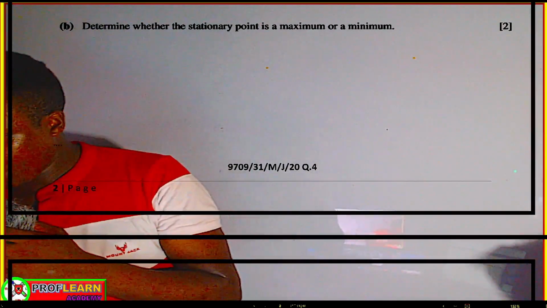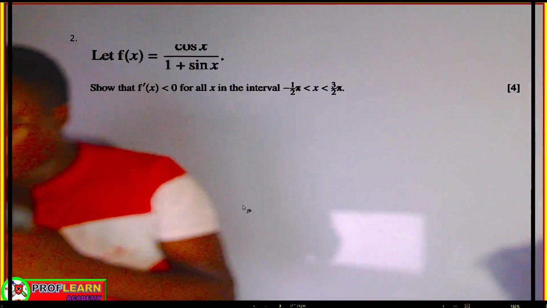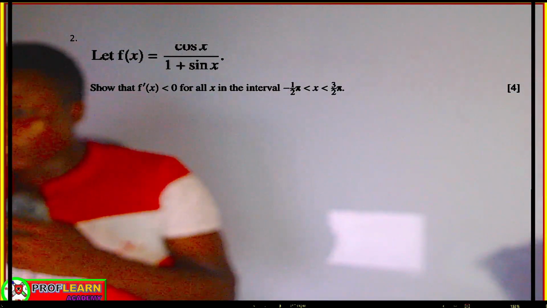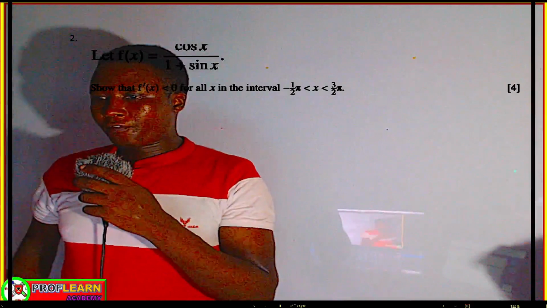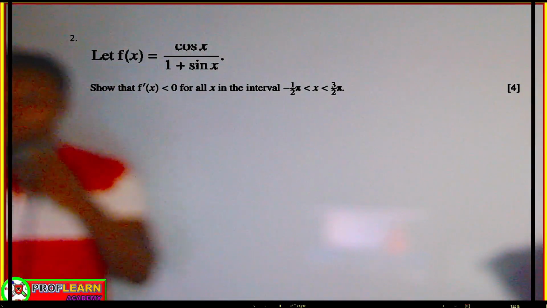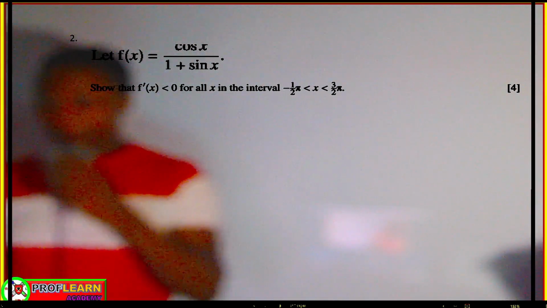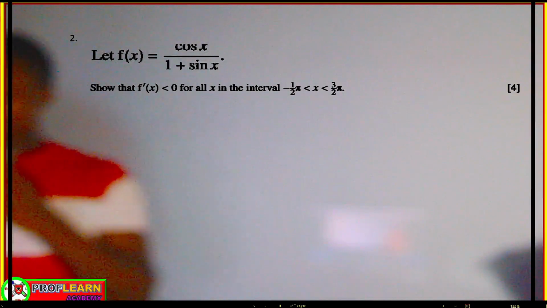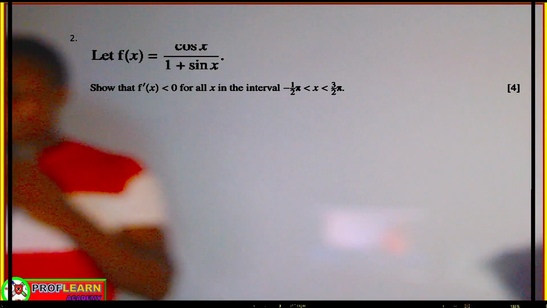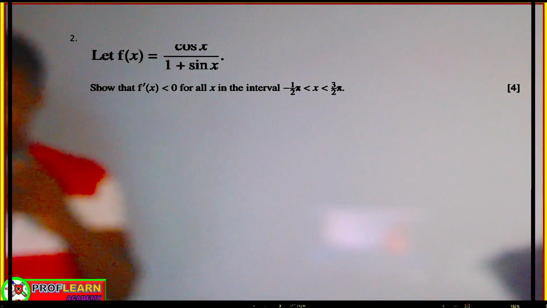So in this question number 2, we are going to use the quotient rule, because we are given f of x is cos x over 1 plus sin x. Show that f prime is less than 0 for all values of x in the interval negative a half pi less than x less than 2 over 3 pi.